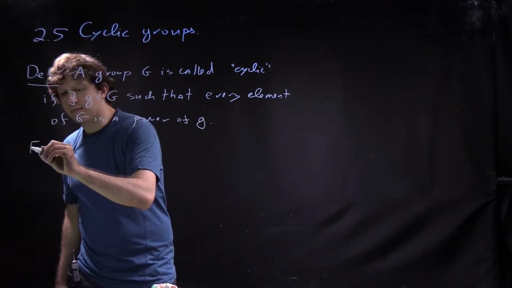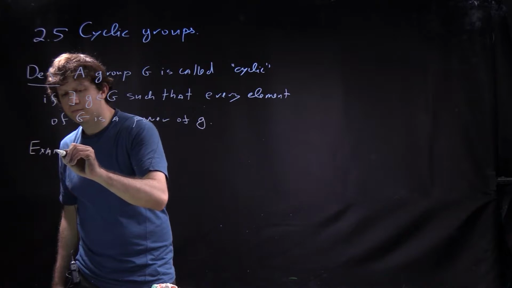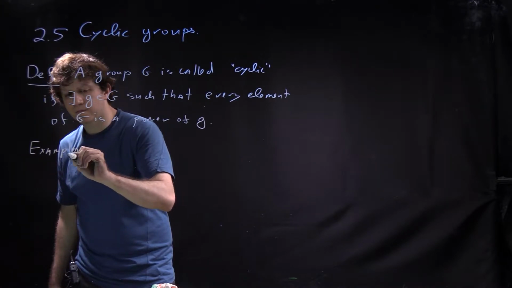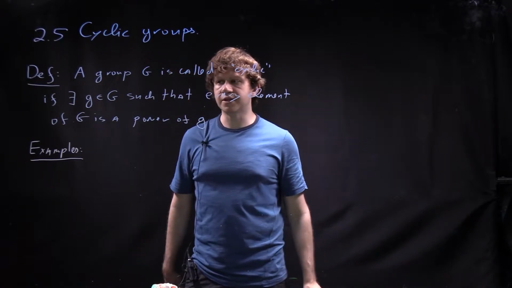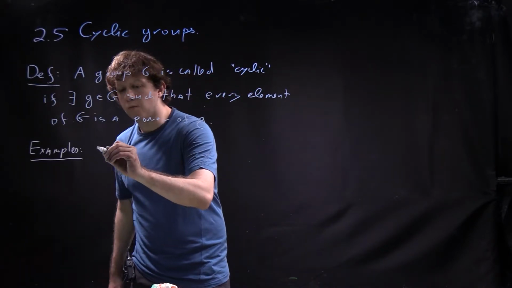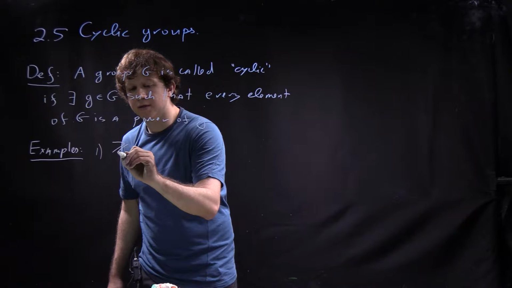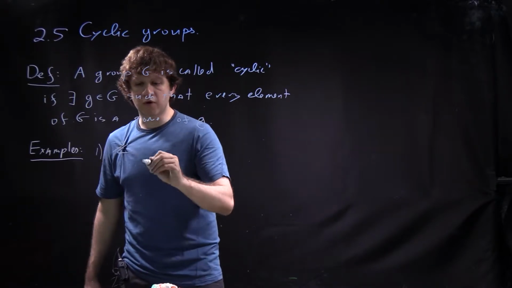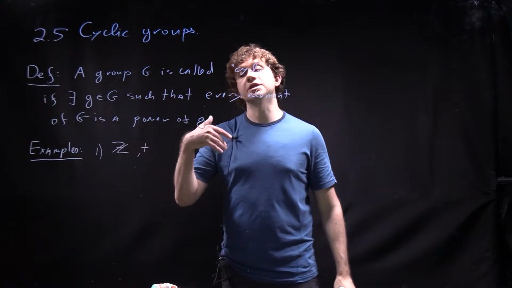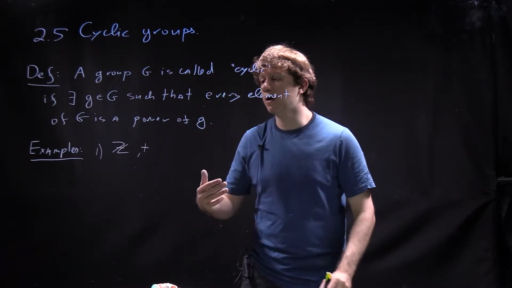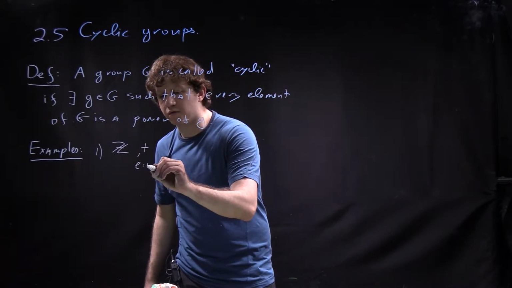So here are some examples. Maybe the simplest example is one can take integers. And integers form a group if as operation I use plus. So the inverse is just minus the corresponding number, and identity is 0, of course.